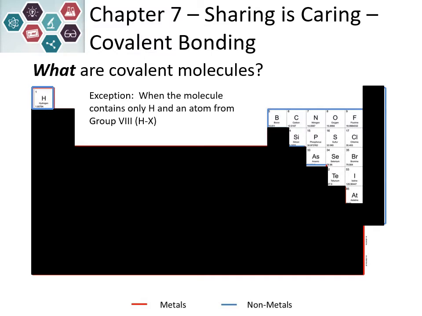The only exception is when we have a molecule that contains hydrogen and an atom from group 7 on the periodic table. These behave more like ionic compounds. Any other combination of nonmetals will be a covalent molecule.